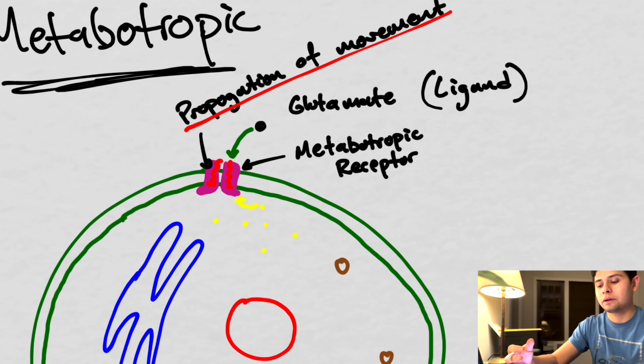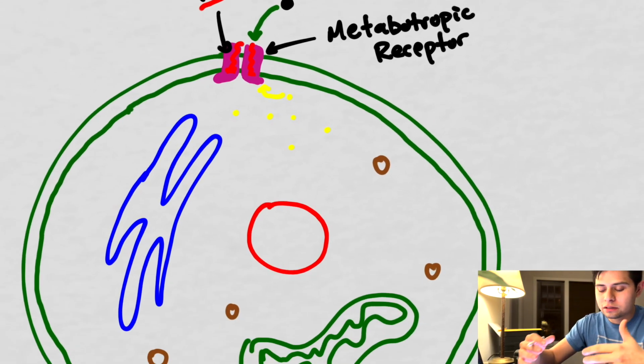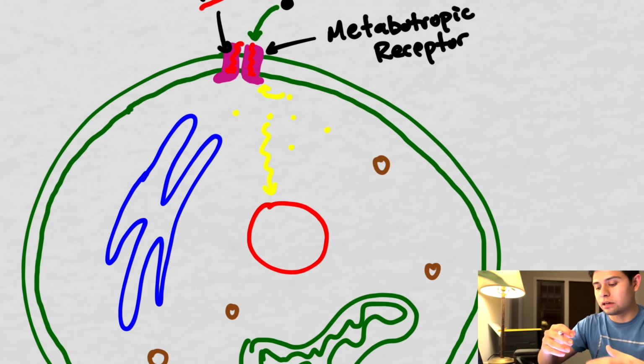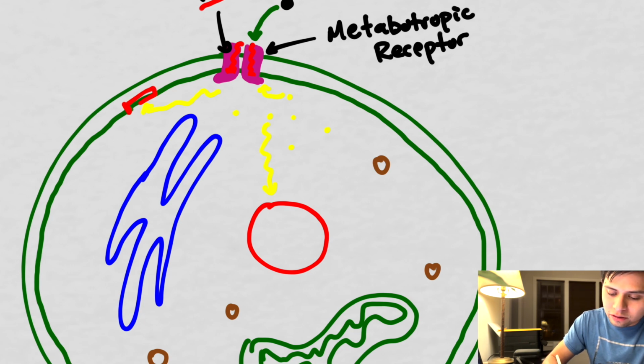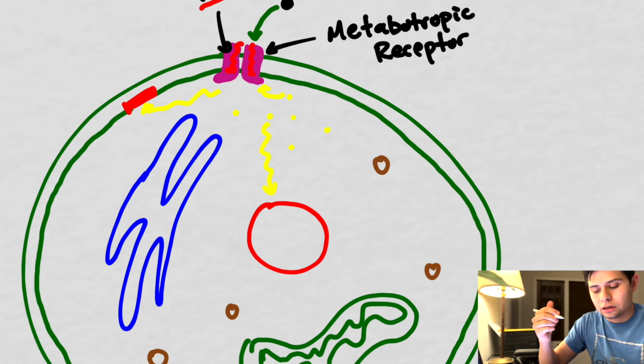Now, what can this sequence of events do? Well, the sequence of events can go to the nucleus, right? And that could initiate some sort of transcription process. It could go to another protein that exists on the membrane here. So suppose we have another protein here on the membrane, and that will initiate some curvature, say, in the membrane.